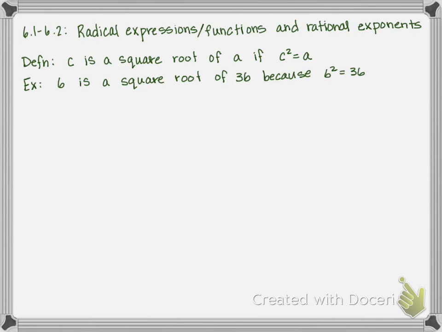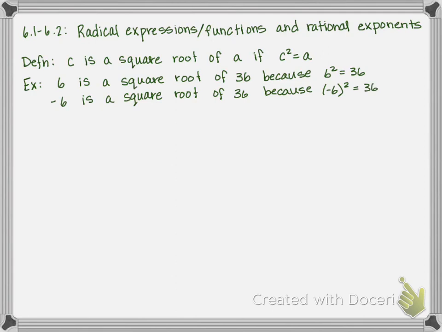It is also true that negative 6 is a square root of 36, because when I square negative 6, I also get 36. So negative 6 squared is equal to 36.